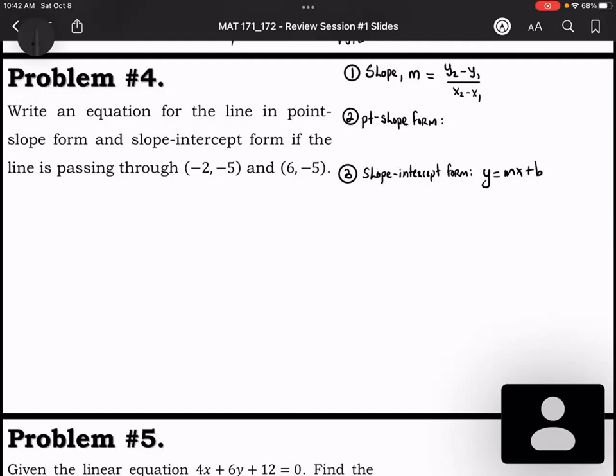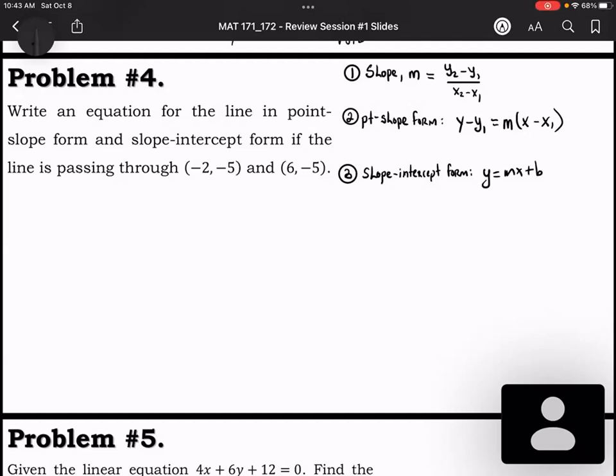The x and y could be arbitrary points that lie on that line. So instead of saying y2 and x2, you can replace that with just y and x. You say y minus y1 is equal to m times x minus x1, right? x1 and y1 is a specific point that belongs to the line. m, of course, is your slope, but x comma y can be any point that lies on the line.